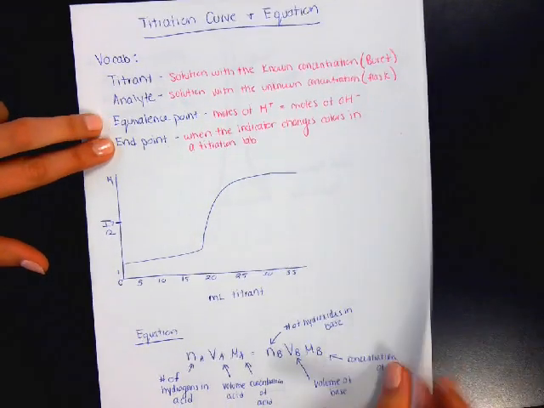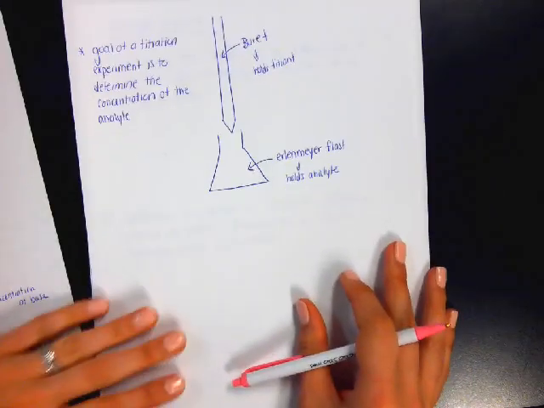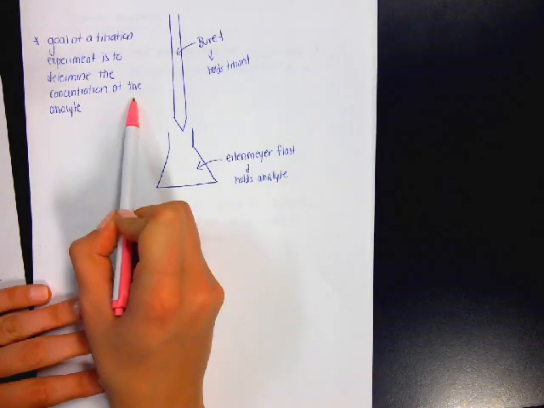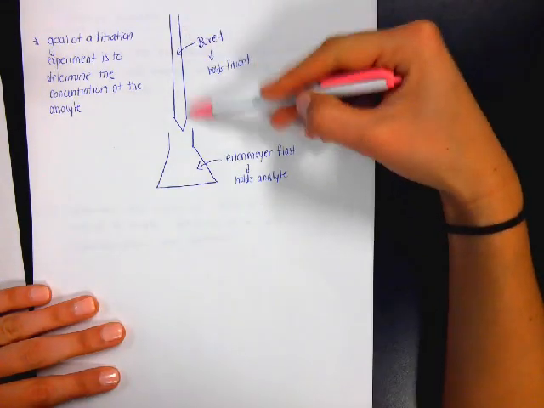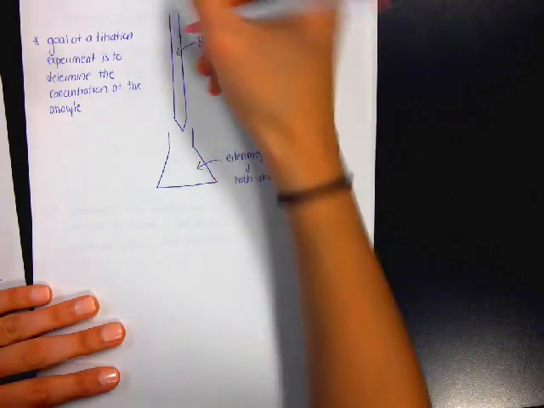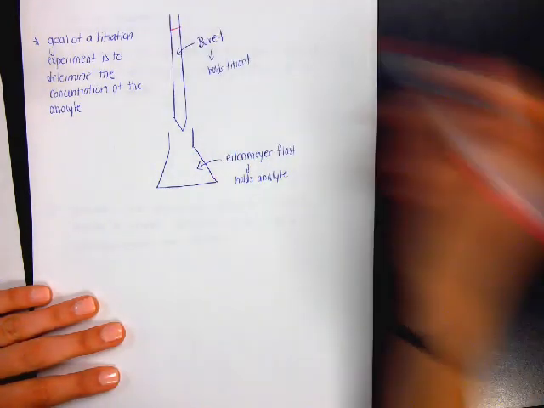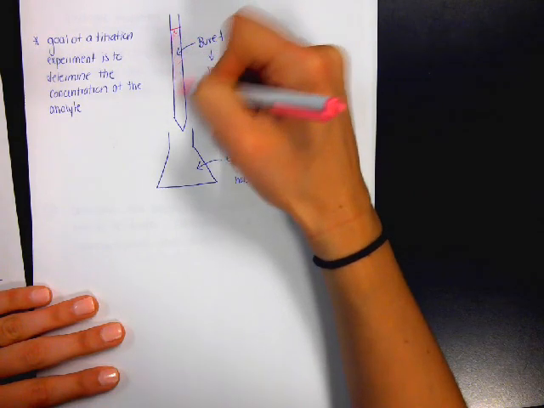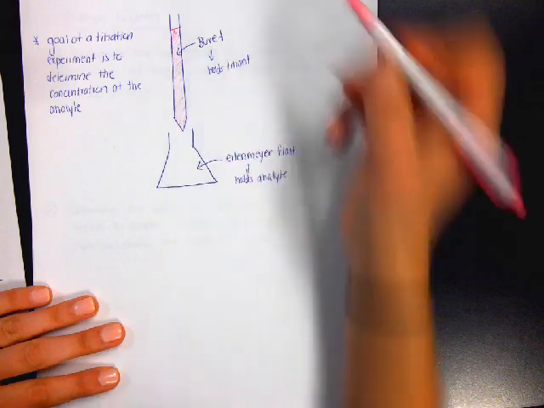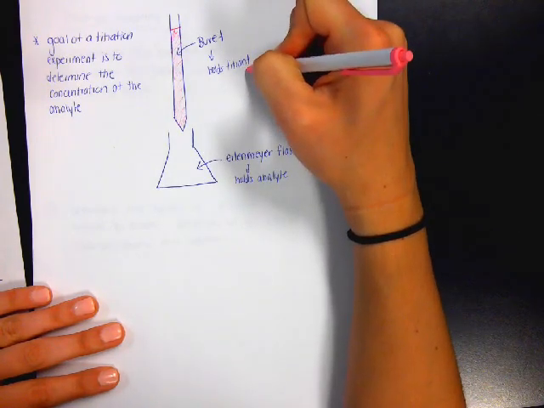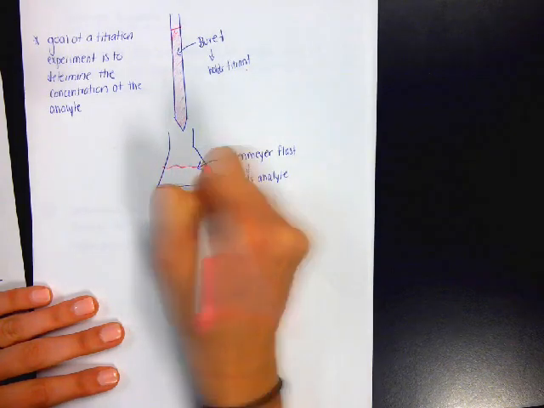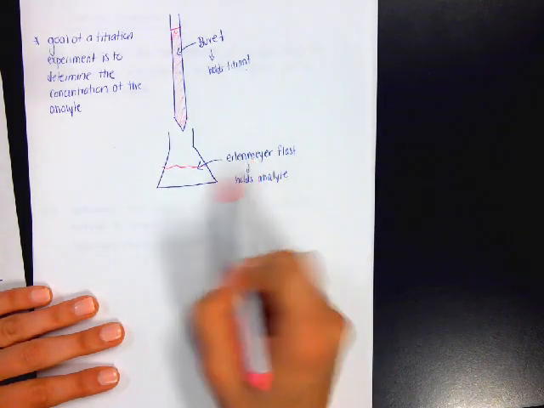So let me just show you how this works. The point of a titration is to determine the concentration of your analyte. So here we have a burette, here we have an Erlenmeyer flask. And within your burette, you're going to have titrant. So you're going to have a solution, whether it's acidic or basic, in the burette. You will know the concentration of this titrant. Then in your Erlenmeyer flask, you're going to have some unknown solution.